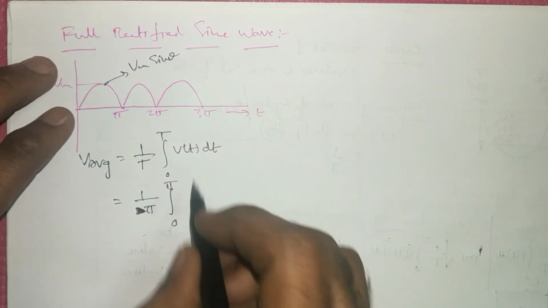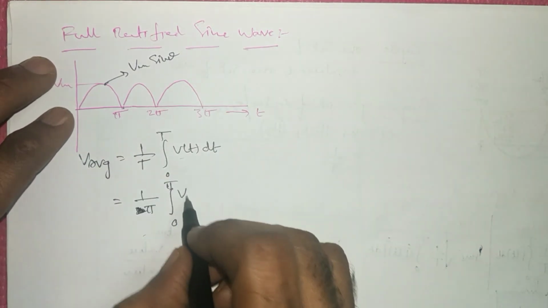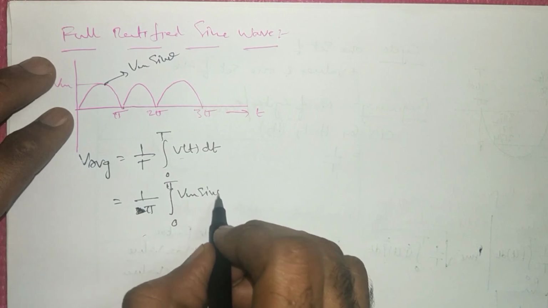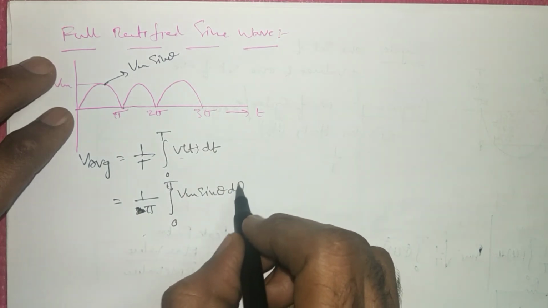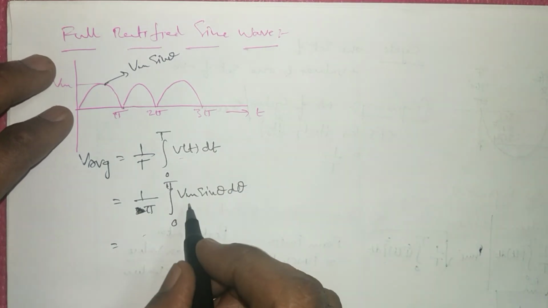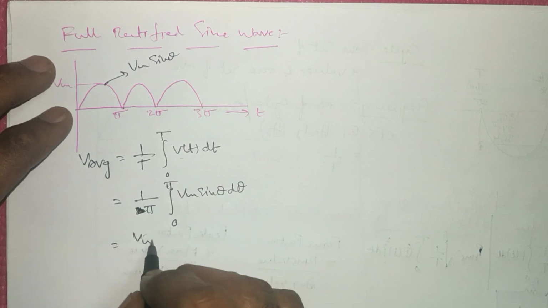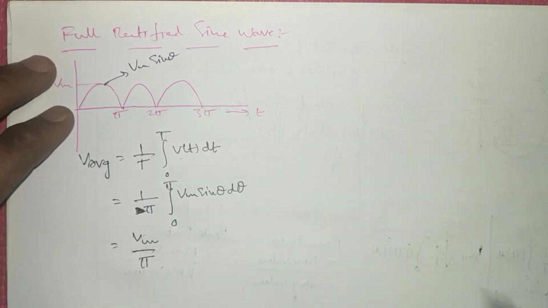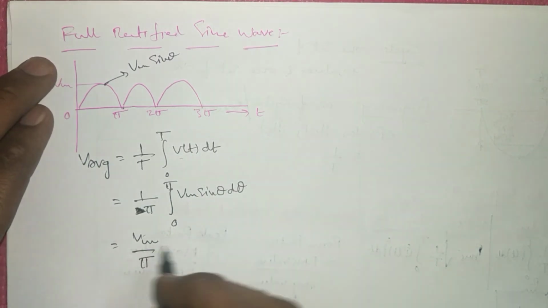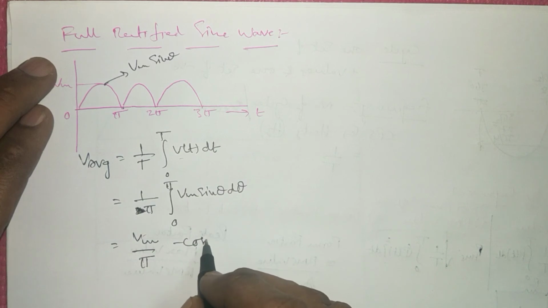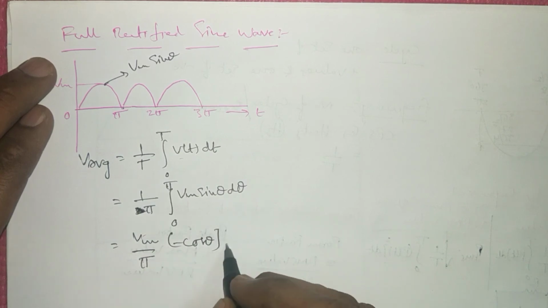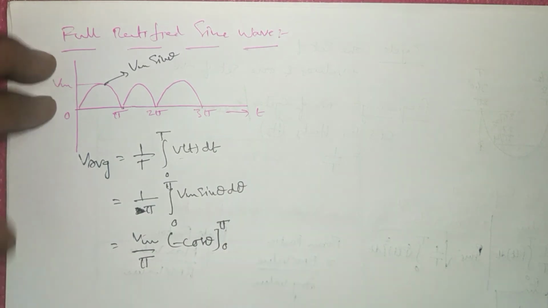So from 0 to pi, V of t is Vm sin theta, and dt is replaced by d theta. Vm is a constant and we can take it outside. We get Vm by pi, and the integral of sin theta is minus cos theta over a period of 0 to pi.